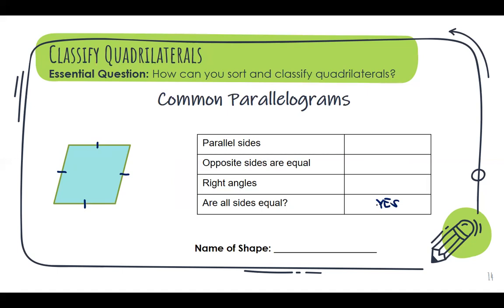But here, no right angles are formed anymore because we slanted down our square. So none for right angles. Then opposite sides are equal, there are still two pairs, and two pairs as well for parallel sides. Can you guess what it's called? Correct. This is what we call a rhombus.